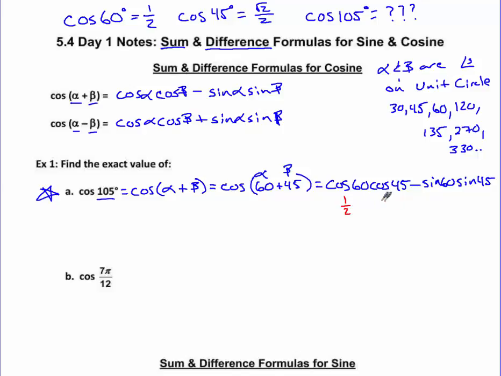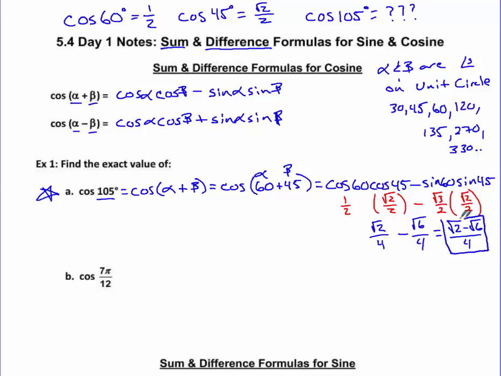The cosine of 45 is the square root of 2/2 minus the sine of 60 is the square root of 3/2, and the sine of 45 is the square root of 2/2. So all this gets multiplied together. So 1 times the square root of 2 is the square root of 2 over 2 times 2 is 4. And then square root of 3 times square root of 2 is the square root of 6 all over 4. We have a common denominator. So that equals the square root of 2 minus the square root of 6 over 4. And there's no other way to simplify that, so that's all we can do.